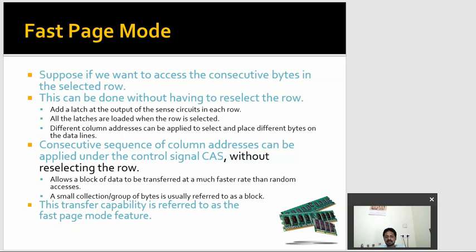Like that, different column addresses are applied to place different bytes on the data lines. A consecutive sequence of column addresses can be applied under the control signal CAS without reselecting the row. This allows a block of data to be transferred at a much faster rate than random access.